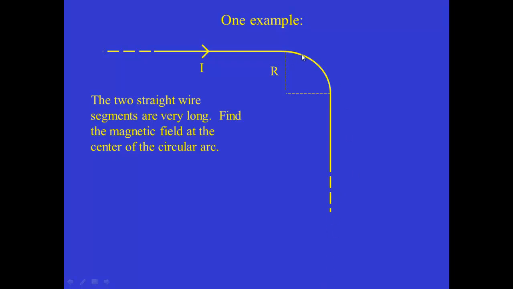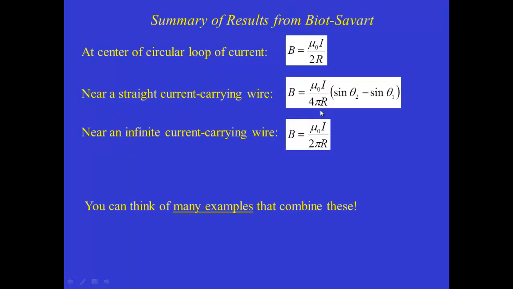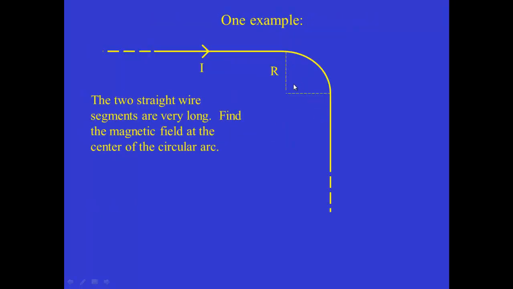If this quarter turn of the wire is part of a circle of radius r, then what is the magnetic field at the center of the circular arc? If you know the three results on this previous page, you can get the answer very simply. We'll talk about that in class, and that's where I'll see you.